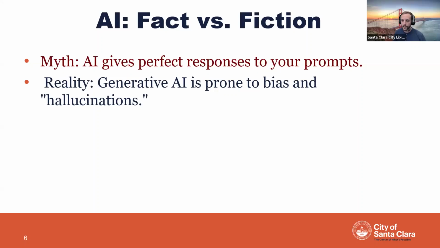That can be cultural bias, political bias, bias when it comes to things like names, assumptions that it makes about different people, different professions. It absorbs all of that from its training data. And the companies that make generative AI services do try to weed that out and make their services less prone to it and more helpful, but they are certainly not perfect at that.